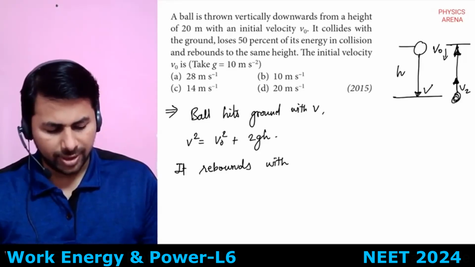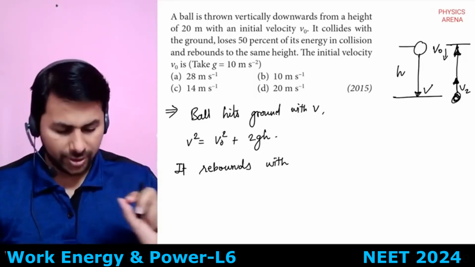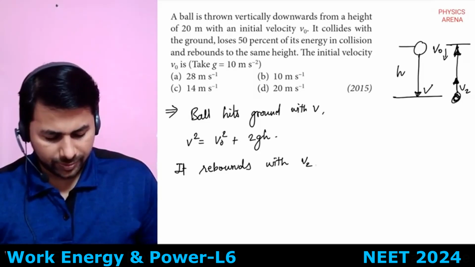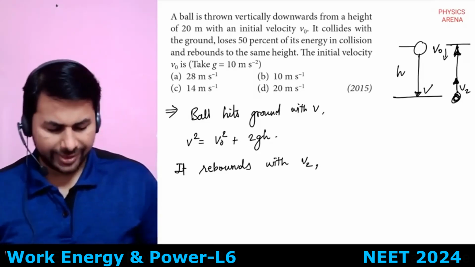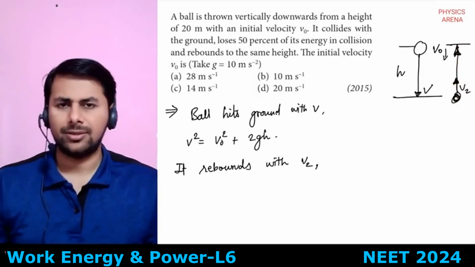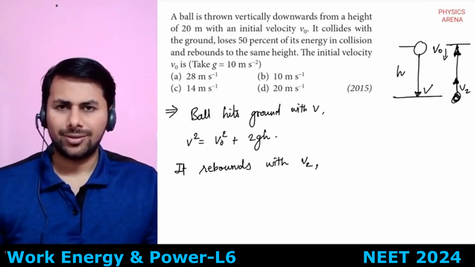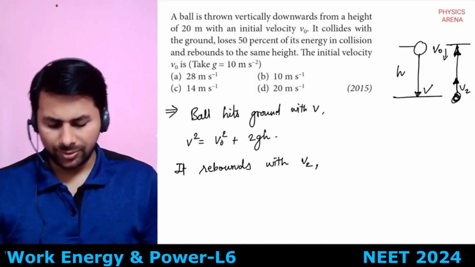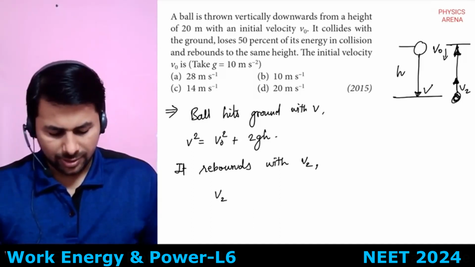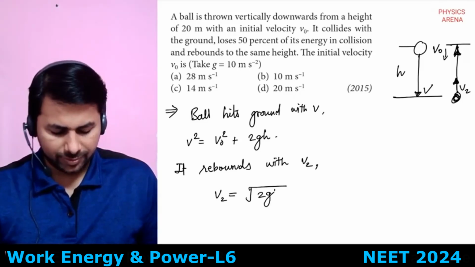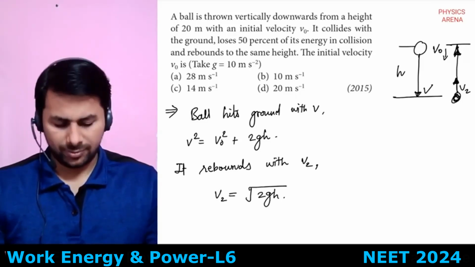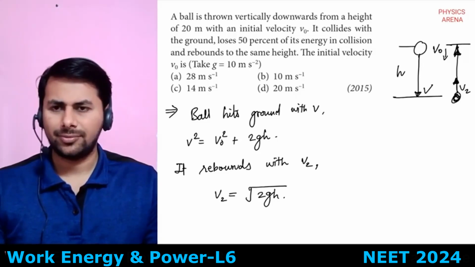So now what will be the relation between v2 and this height? v2 is equal to square root of 2gh, right? Yes, no?